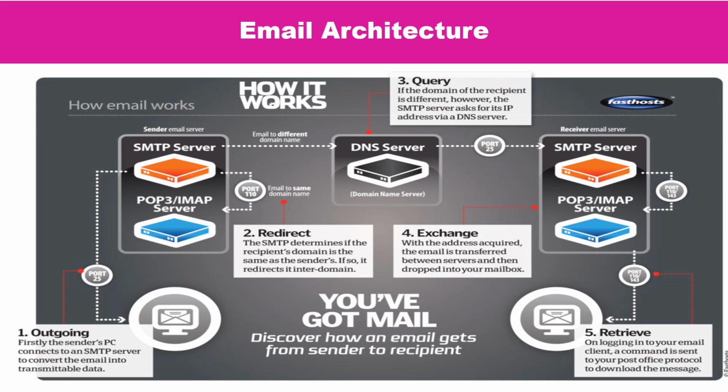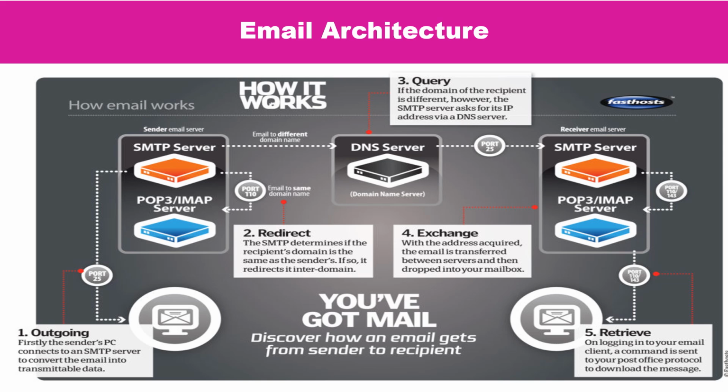As soon as the recipient opens the email application, let's say Gmail, it requests the email from the POP3 or IMAP server, and that's where the email will be downloaded into your inbox, and you can see that email. So that is the second stage.